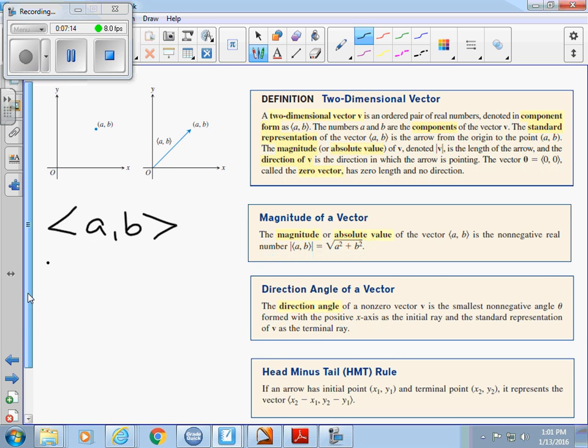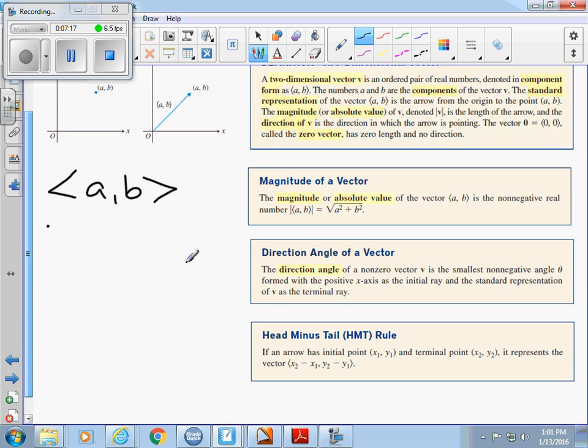You can put any vector in standard form if you have the initial point and the terminal point. And to do that, you would subtract the terminal point minus the initial point. x2 minus x1 is your x component. y2 minus y1 is your y component.